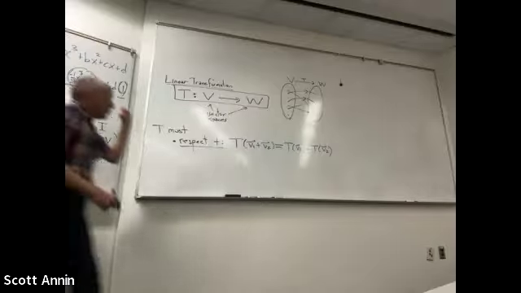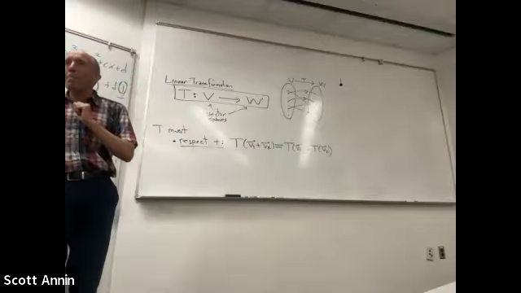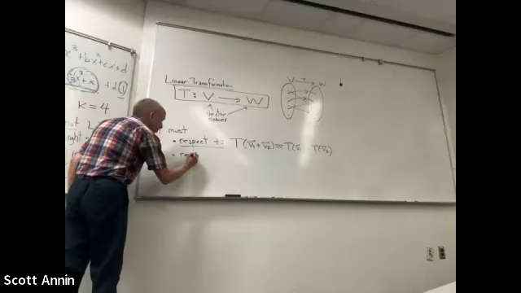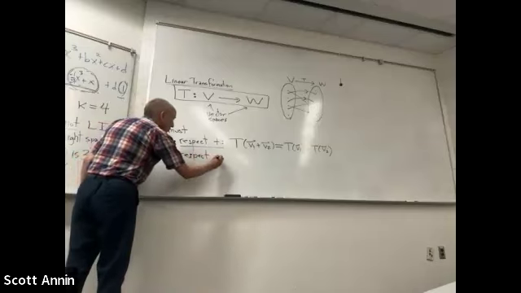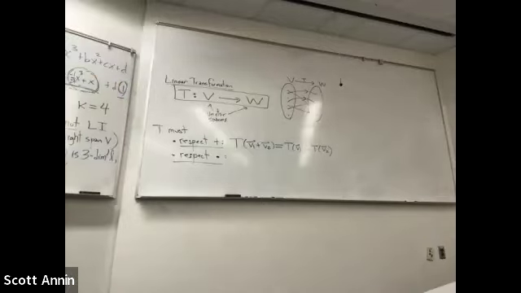But T must respect the addition. And you won't be surprised, it also must respect the scalar multiplication as well. So in a vector space, we have addition and we have scalar multiplication.